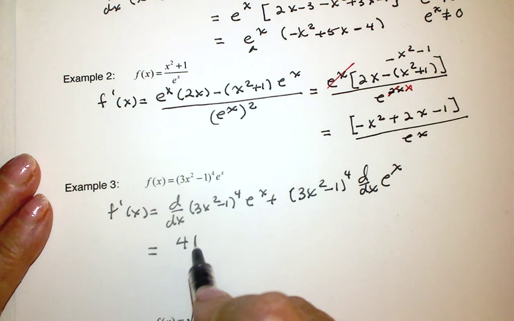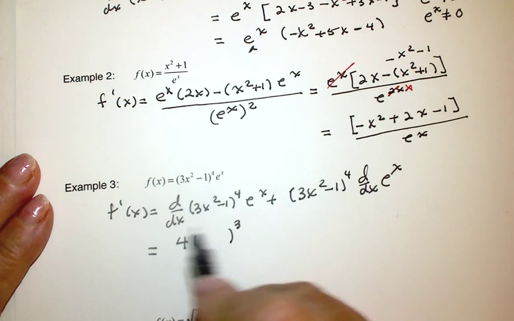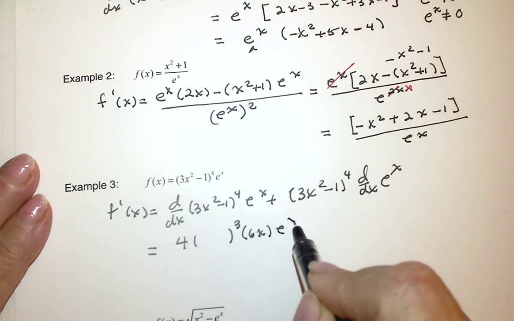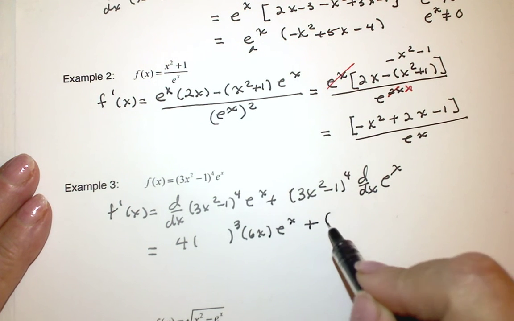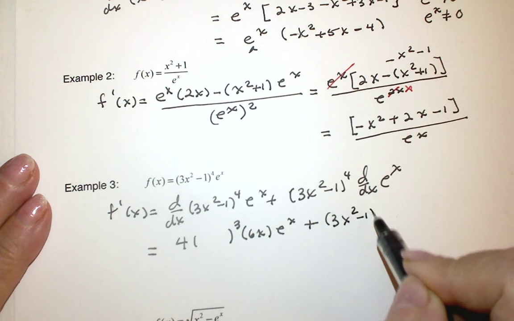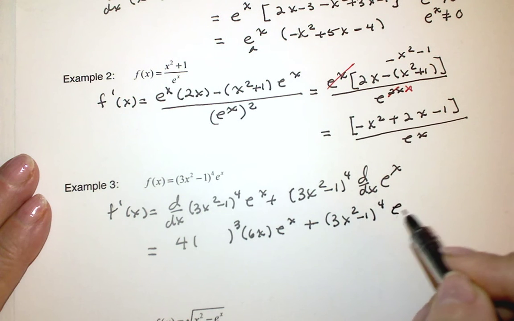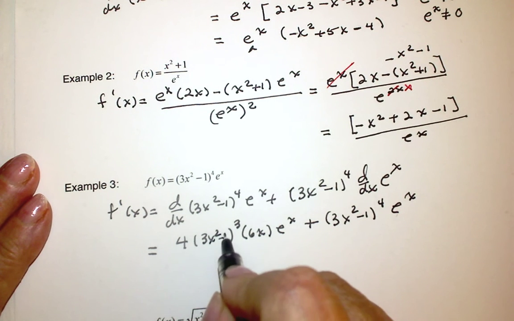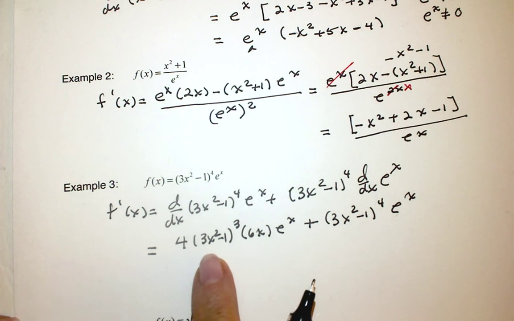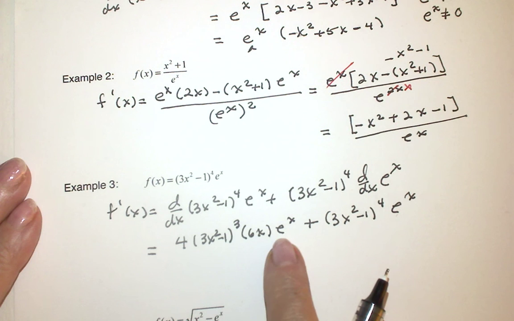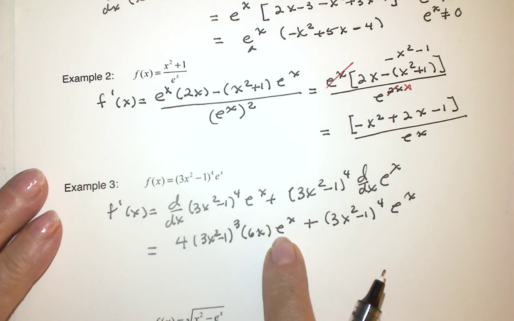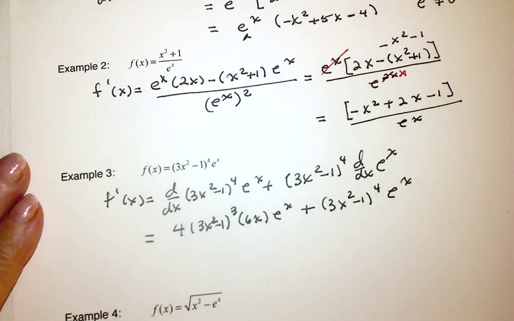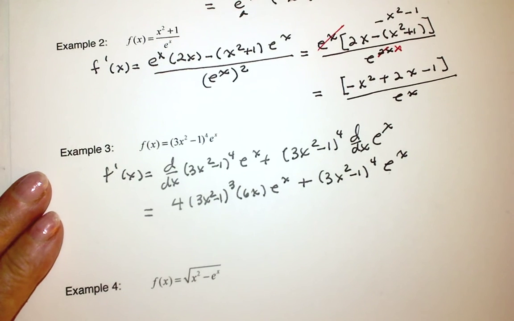So this is 4 times the blob cubed times the derivative of the blob, which is 6x e to the x, plus 3x squared minus 1 to the 4th. The derivative of e to the x is e to the x. Now you notice you've got a greatest common factor of e to the x and 3x squared minus 1, which I'm not going to do.